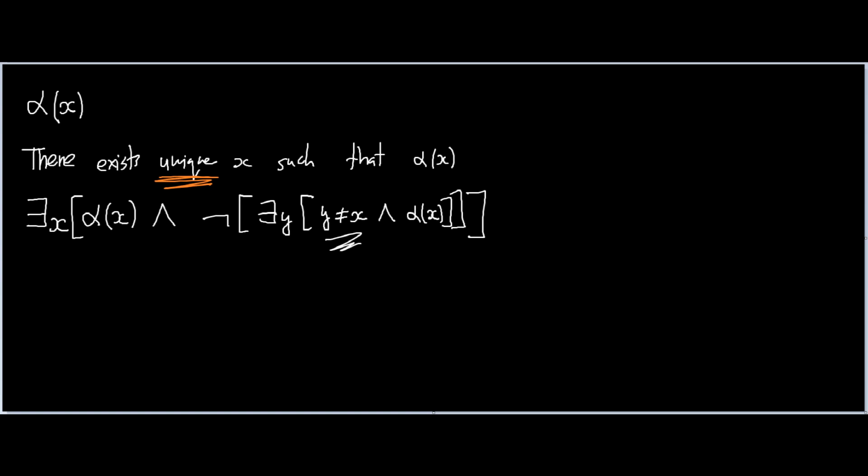This shouldn't be x, this should be y. Right here, we should have y, not x. We want to say that there exists a y that's different from x, but still the same property alpha holds for that y.